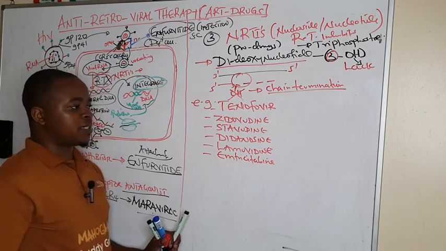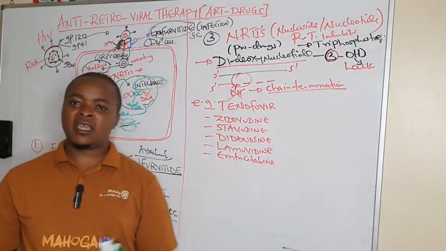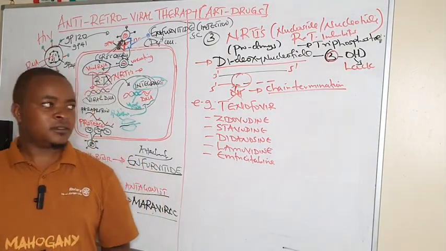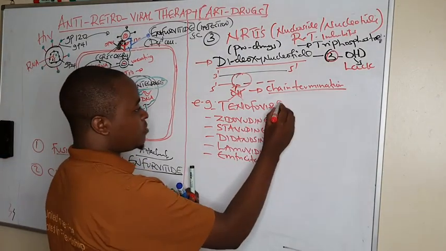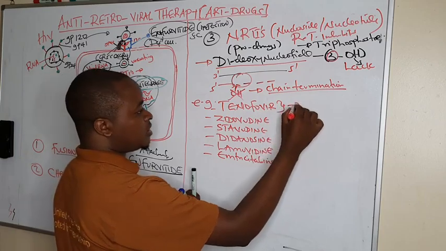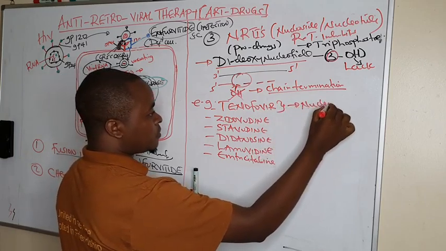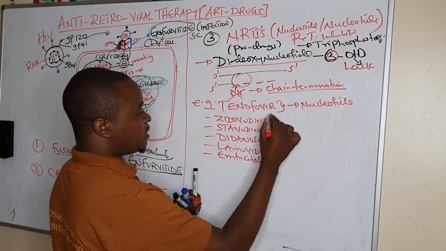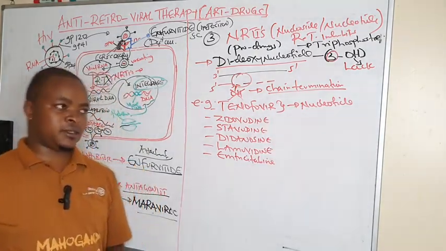So these are some examples of NRTI drugs, whereby among all of them, only tenofovir is a nucleotide, whereas the remaining ones are nucleosides.